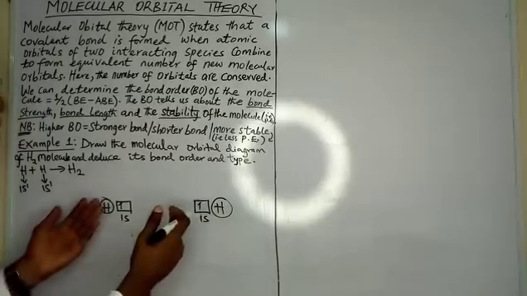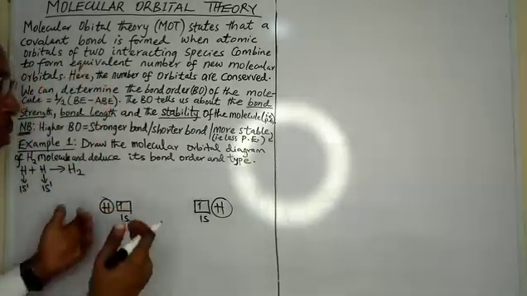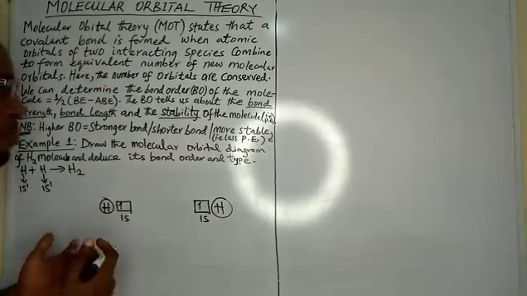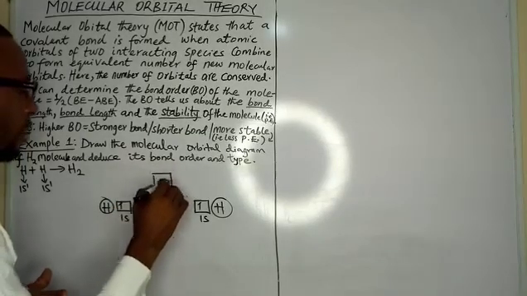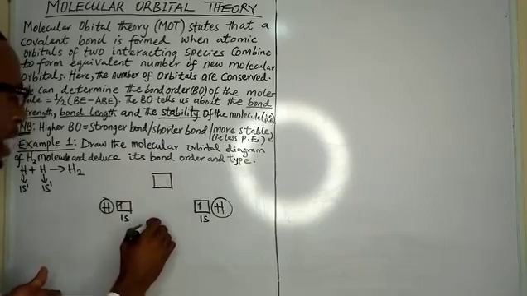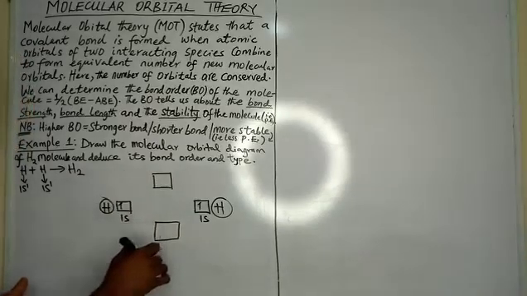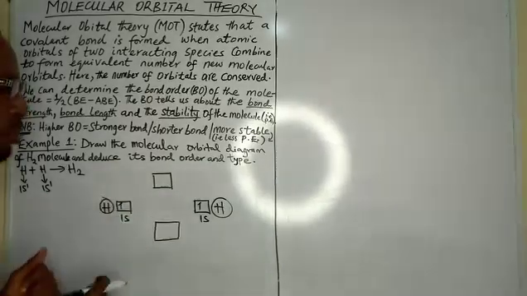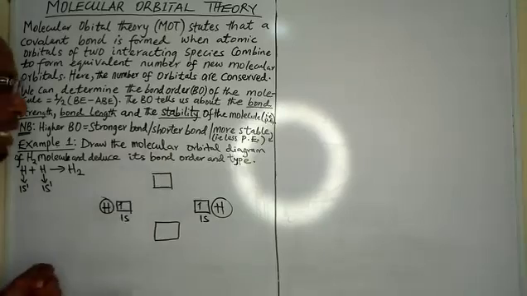Nice. So when two atomic orbitals combine or overlap according to molecular orbital theory, they make an equal number of molecular orbitals, where one molecular orbital is lower in energy than the two combining atomic orbitals, while the other one is higher in energy.